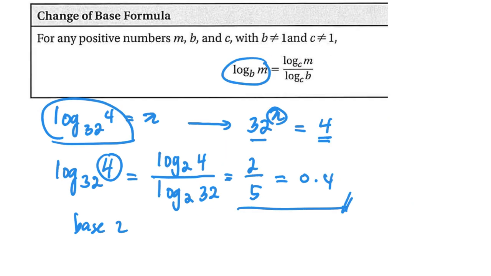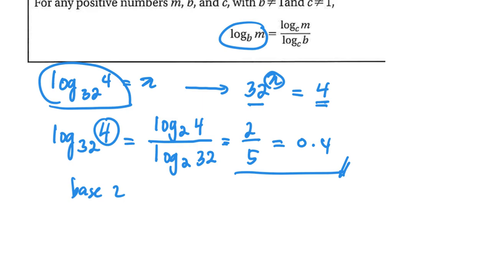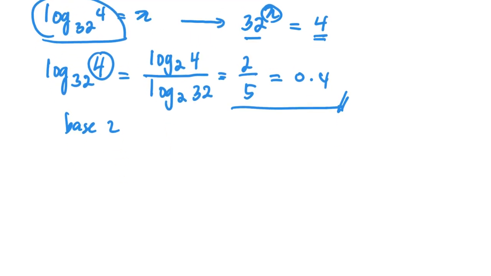Okay, so let's try to do the same problem, but we're going to change the base. Let's say we put it in base 10. Here, I'm going to use the same problem, log base 32 of 4, but this time I'm going to use log of base 10.